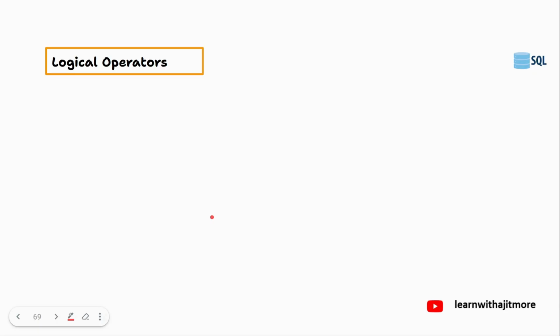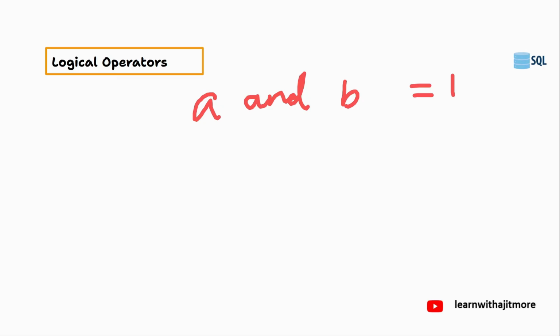In case of AND, both the conditions are necessary to be true for the result to be true. See, if I write A and B, then when the result is true, when both are true, guys. A is also true and B is also true, then only the result is true.